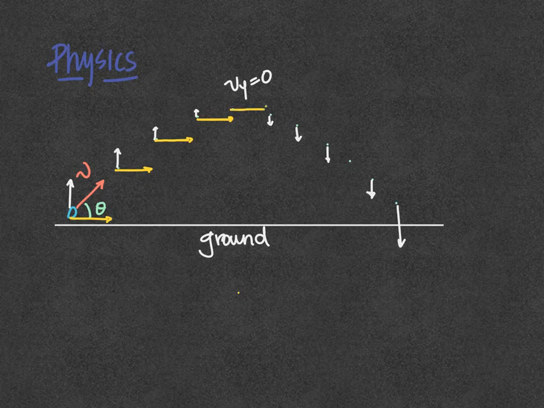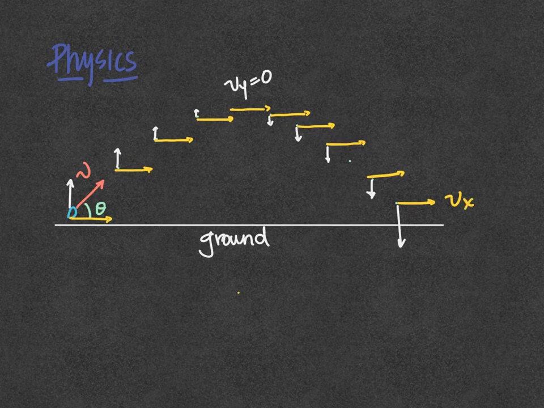The whole time it's moving in the x direction, there is nothing pushing or pulling on it. It is moving with a constant velocity in the x direction. So whatever our initial velocity in the x direction is, will be our final velocity in the x direction. So that makes that easy to solve.